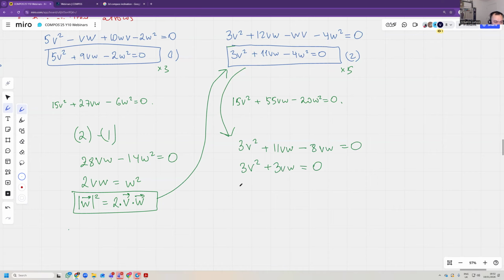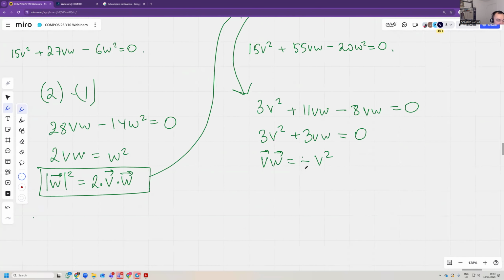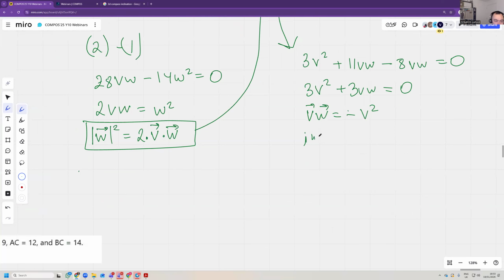So 3vw is equal to minus v squared, which is a contradiction because this is impossible. Because minus v squared is literally minus modulus v squared.